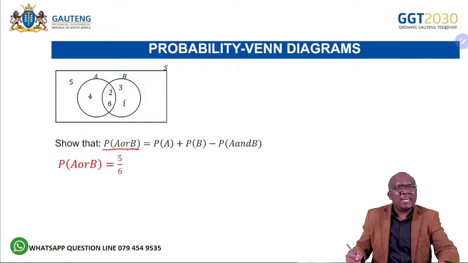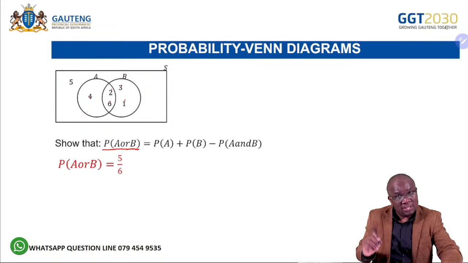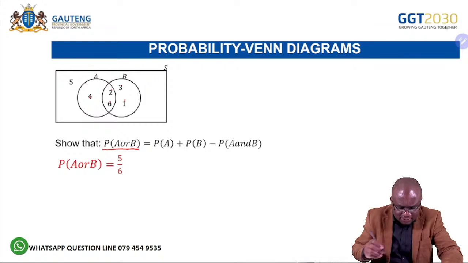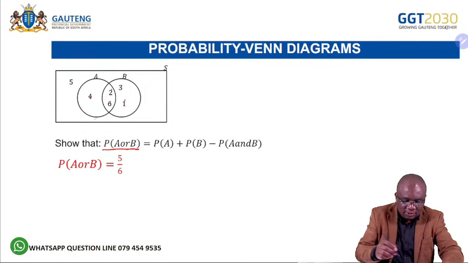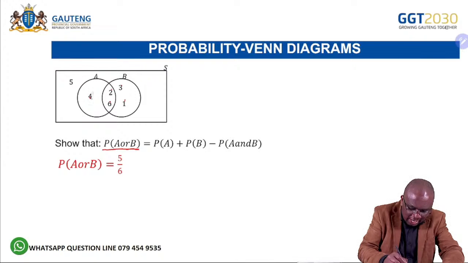What is the probability of A? The whole A, not A only. Please, there's a difference between A only and A. What is the probability of finding the outcomes in A? It's not 1 out of 6. That is A only. So it's going to be, let's count, 1, 2, 3.